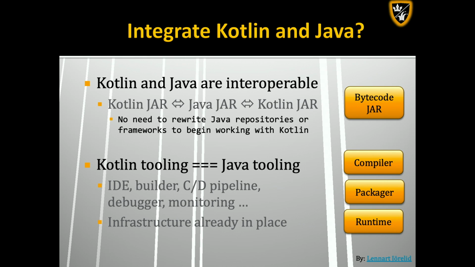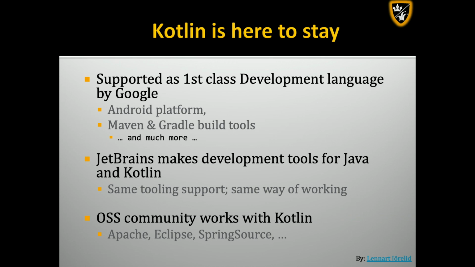Well, not exactly the same compiler, but the same backend of that compiler emitting bytecode. The good thing is also that Kotlin is very much here to stay, because some of you who worked with Android from Google know that the Android platform really sponsors and favors going over to Kotlin. There are quite a few things you can do very easily in Kotlin when you code Android applications that are quite messy when you do them in Java.